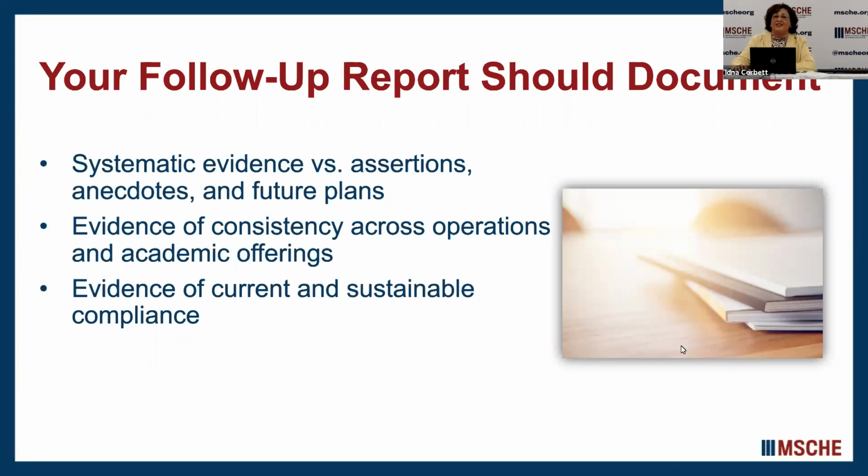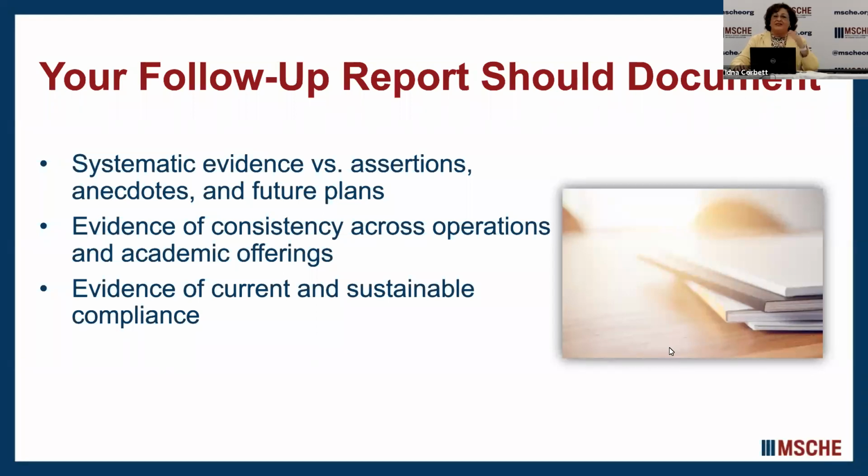You should provide evidence of current and sustainable compliance. A question that always comes up is, how far back should we go? You should go back to your latest report prior to that. But if it is possible to provide more context, then provide as much information as you can. But remember that it has to be current.